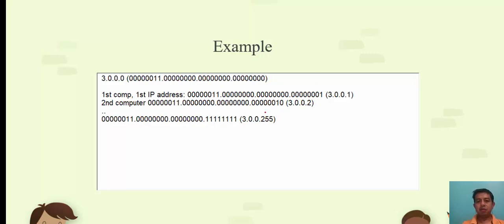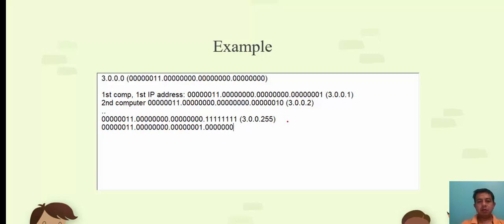Remember, I have 24 bits available, so I can use all these 24 bits. So this octet is now full. So the next computer I connect will start from this octet. So here 1, then all the remaining will again be 0.